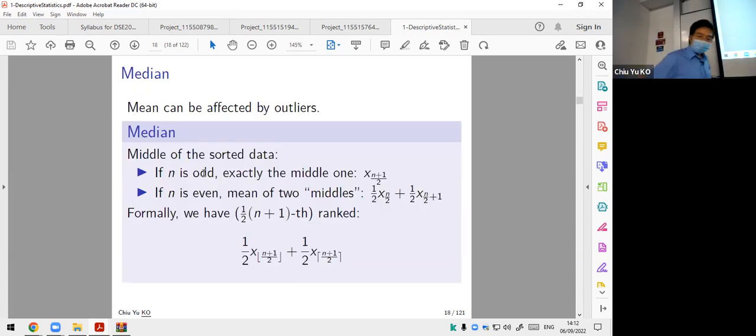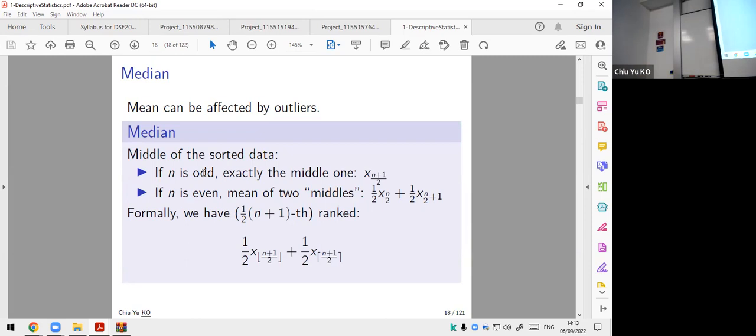I think I'll end with this slide because I only have 3 minutes. So let me finish this with the definition of the median. The median, as you probably learned, is exactly the middle of the data. If you have an odd number of observations, the median is very simple.